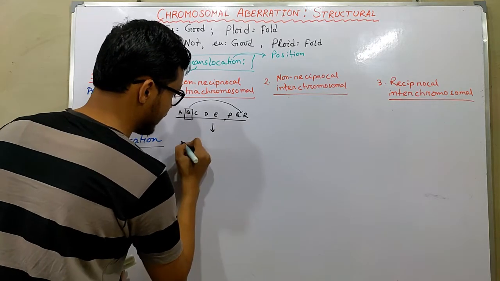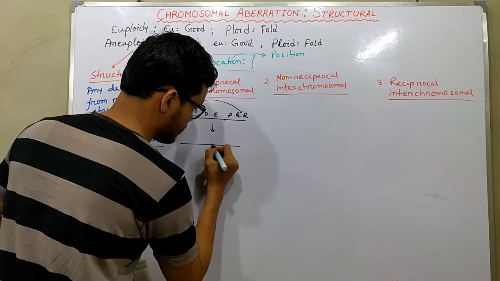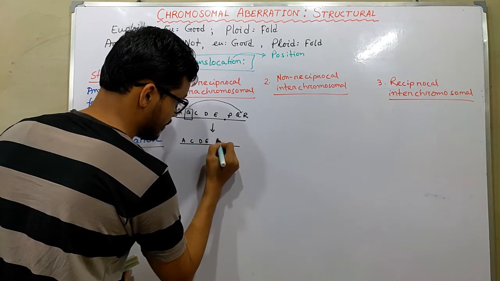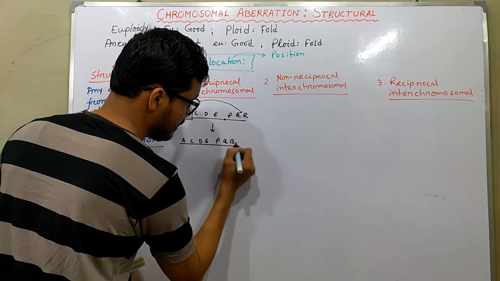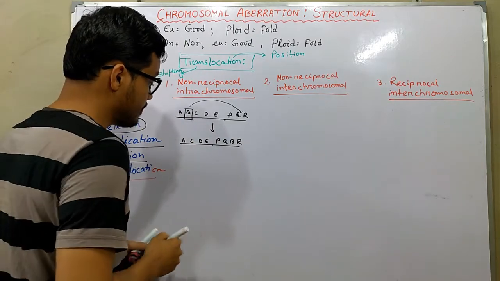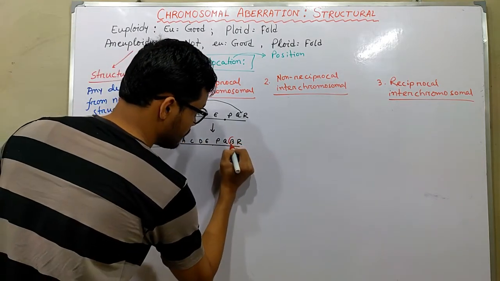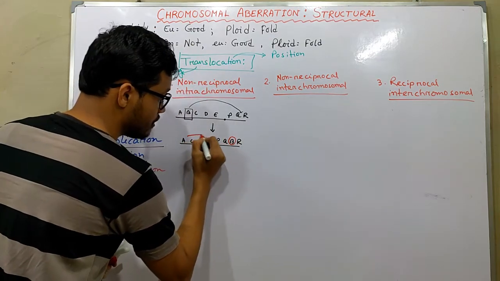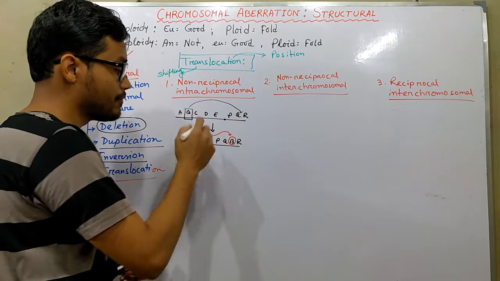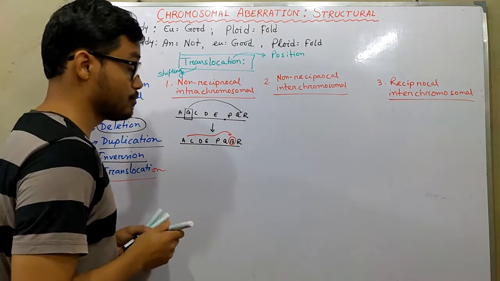So what happened next? We have A, C, D, E, P, Q, B, R. So B is now shifted from here to here, but within the same chromosome, right?